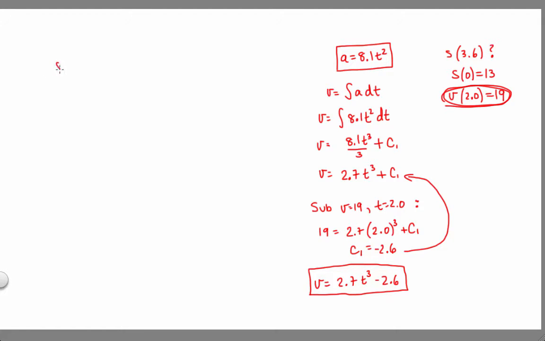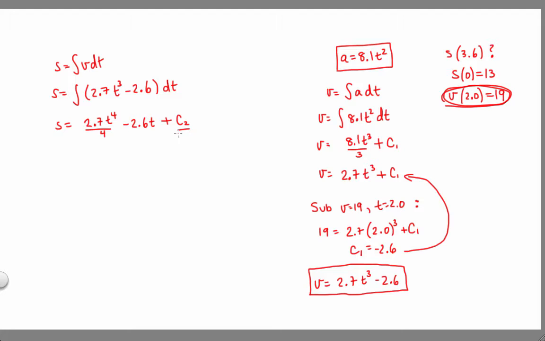Now we can use the fact that displacement s is the integral of velocity with respect to time. So s is equal to the integral of 2.7 t cubed minus 2.6, and that's all being integrated with respect to t. Doing our integration, s is equal to 2.7 t to the fourth over 4 minus 2.6 t plus some constant.